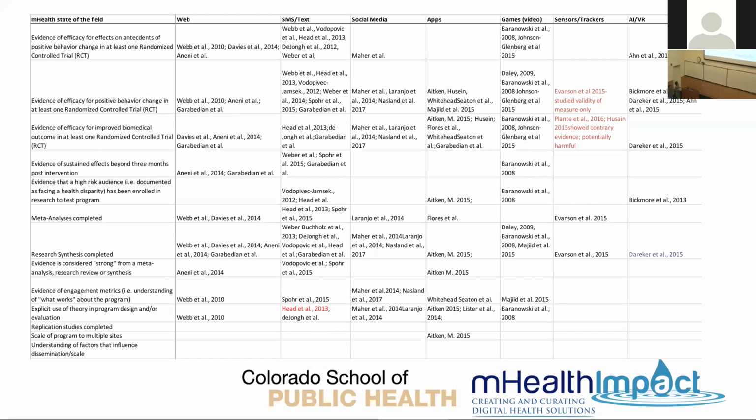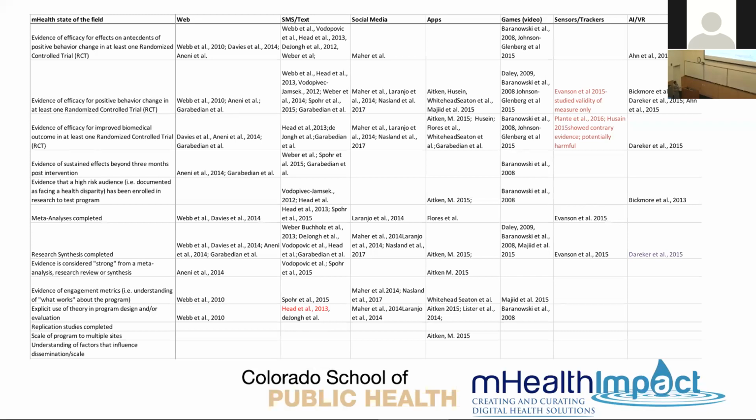Also, do I have engagement here? Oh yeah, engagement metrics. And these are kind of thin. We only have a few papers in here, not nearly as many as in these other cells. So we have a lot of work to do in engagement, what it takes to get people to open up that app more than once.